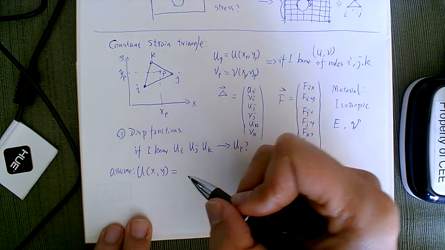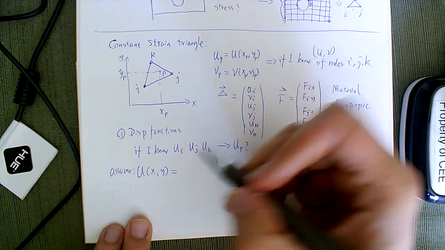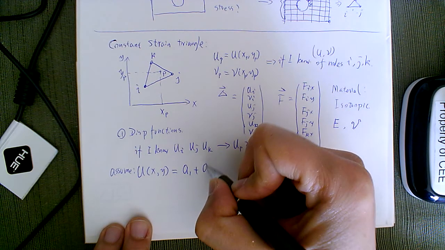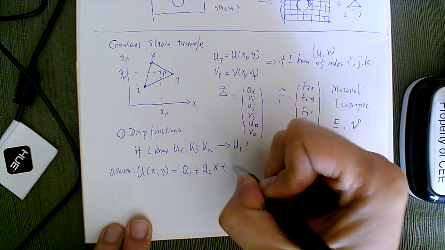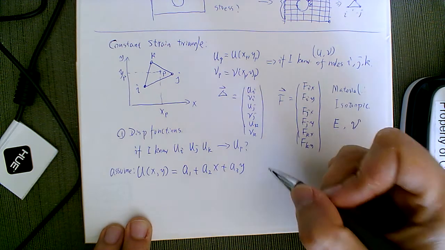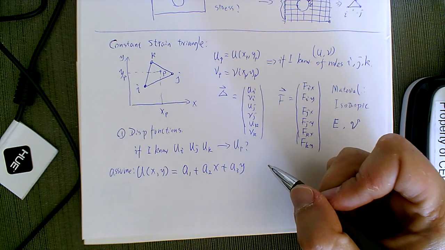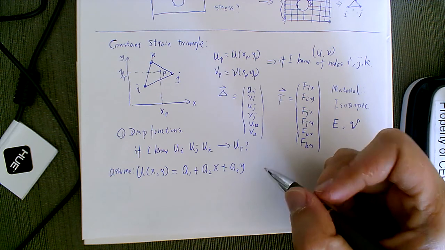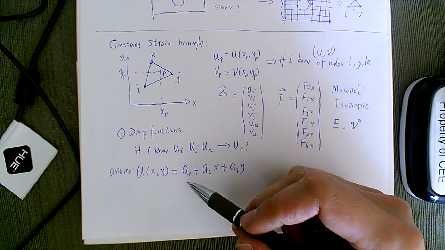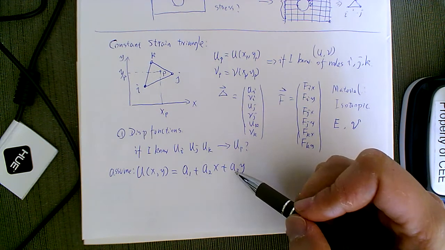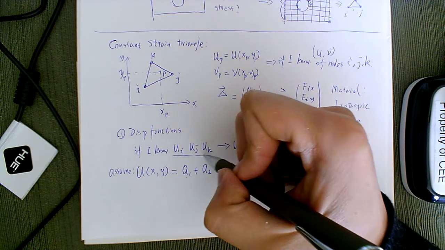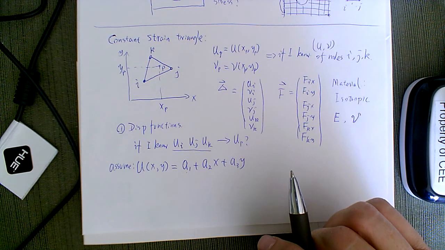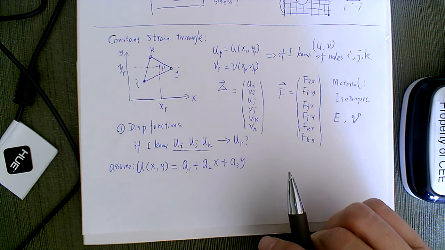That equals, what can I do? I just say a1 plus a2x plus a3y. That's the simplest I can get. And it's a good cue that it might work, because now I have three unknowns, a1, a2, and a3, and I know three conditions.